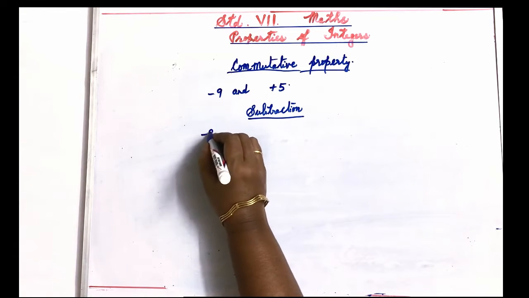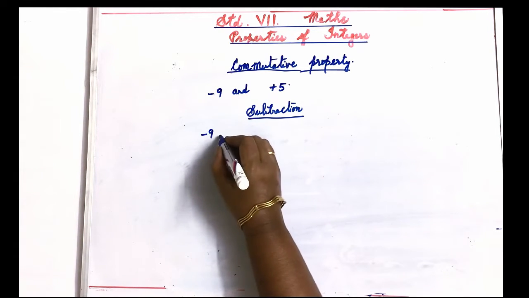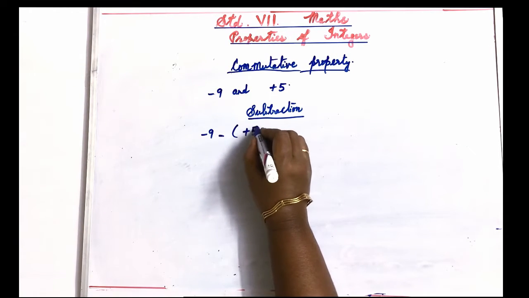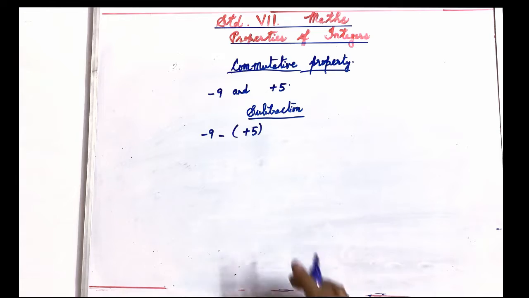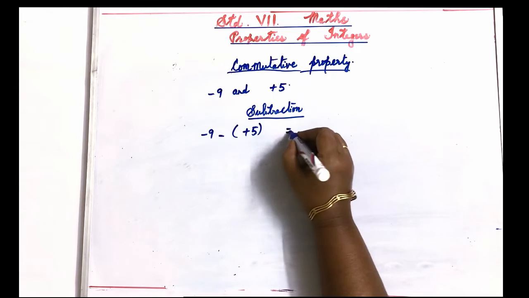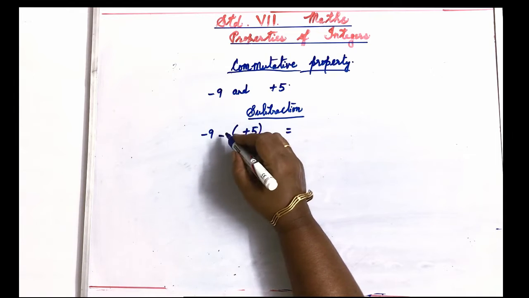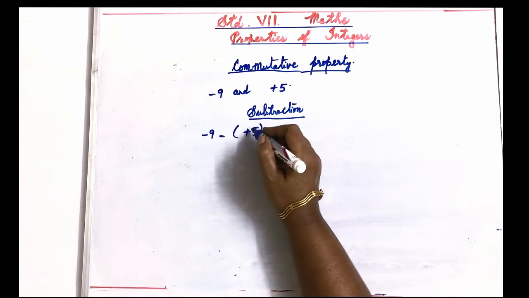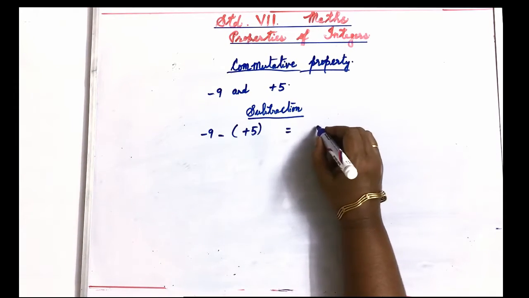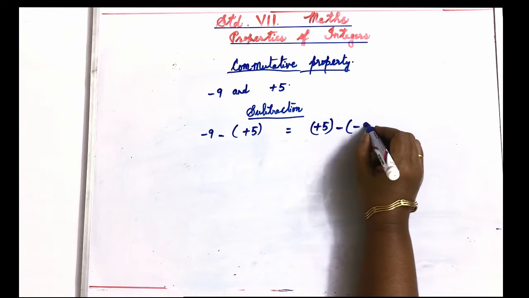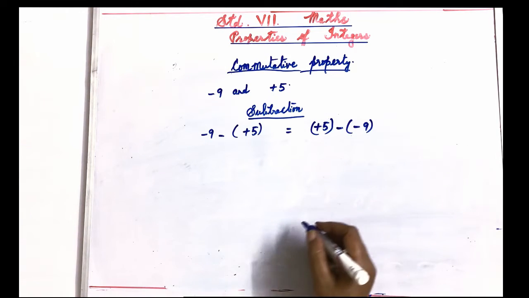First integer is minus 9. For subtraction, minus sign. Second integer is plus 5. What is commutative property? Changing the order. So now we have to change the order and write. First integer should be written as second integer and second integer should be written as first one. So plus 5, because it is subtraction, put minus sign, then first integer, minus 9.